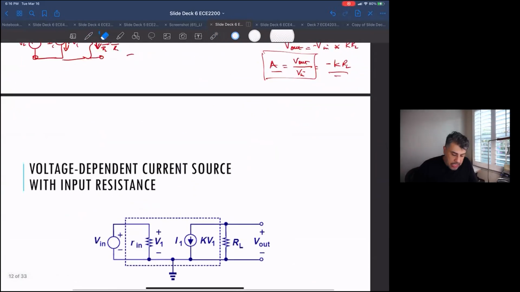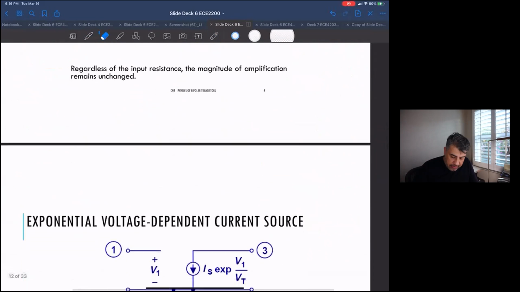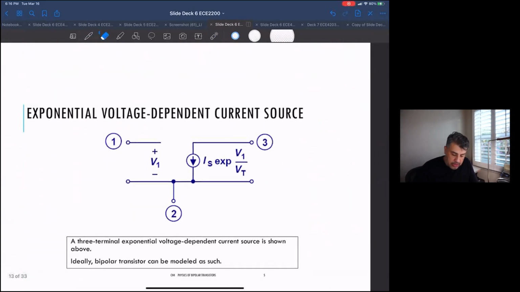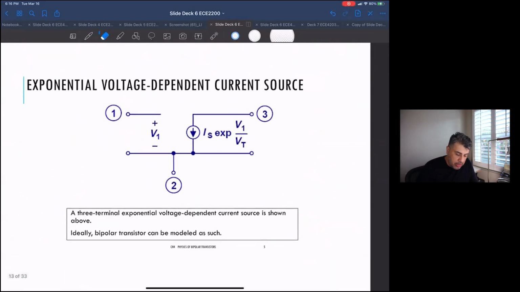Okay, so that was that. If we had such a thing, in fact, what we have is a bipolar transistor. We'll jump to here, but this is what the bipolar transistor will look like. It's a 3-terminal device. It has an input, an output, and a reference terminal, let's say.